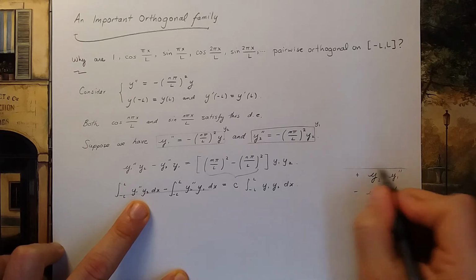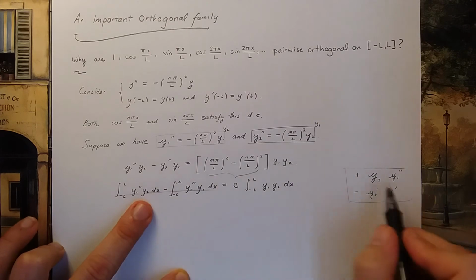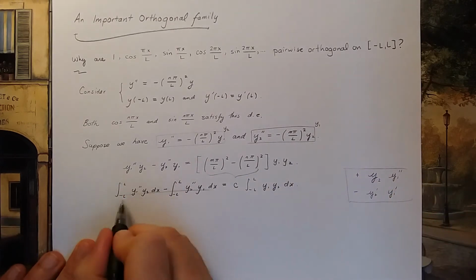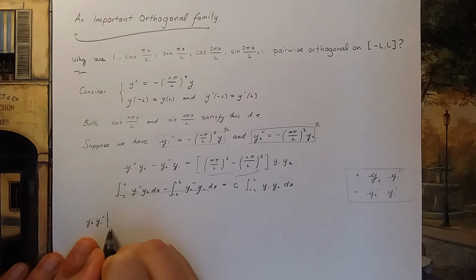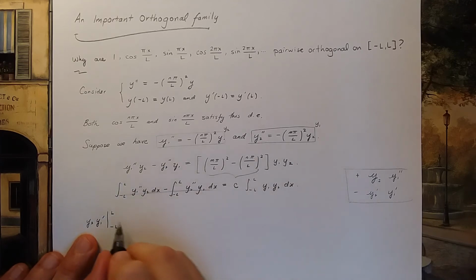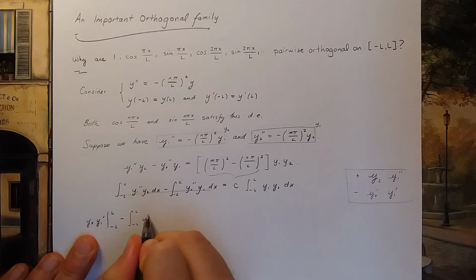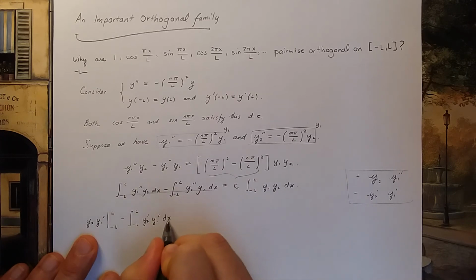So on the side here, I'm doing integration by parts, differentiating the y2 term, integrating the y1 double prime, and this first integral becomes y2 y1 prime evaluated at negative L and L. Then I get minus the integral from negative L to L of y2 prime y1 prime dx.